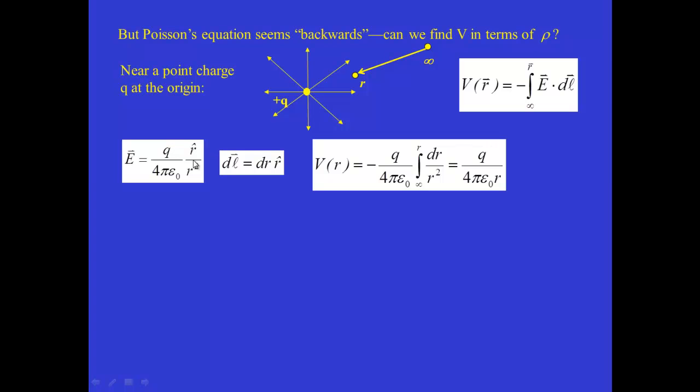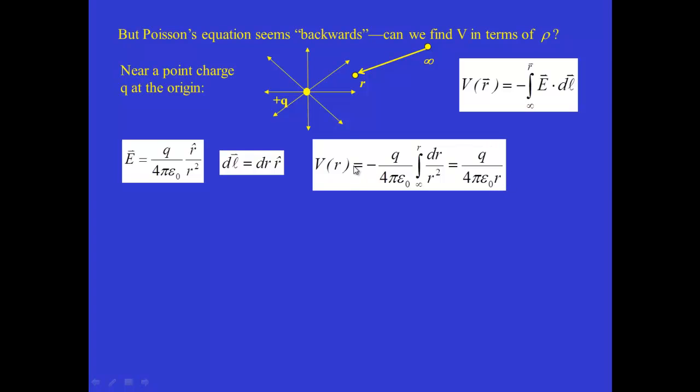So with those two plugged in to the integrand, E dot dl, we have a term with an r hat and a term with an r hat, so r hat dot r hat is 1, and what's left is minus q over 4 pi epsilon naught times the integral dr over r squared from infinity to r. And if we crank that out, we find that V is q over 4 pi epsilon naught r.